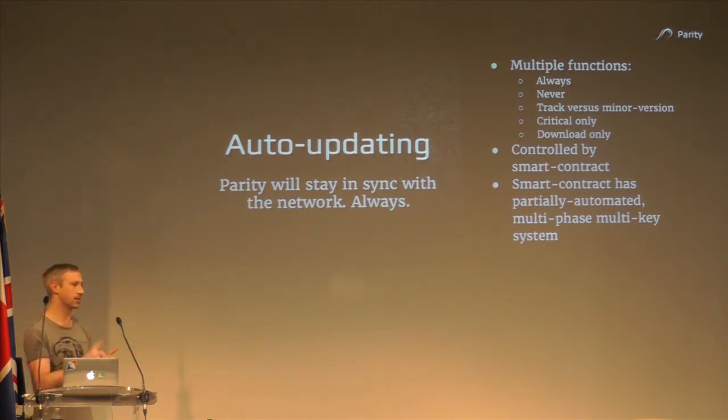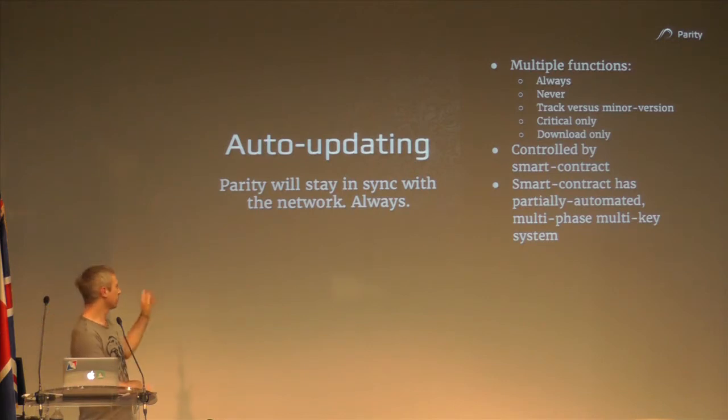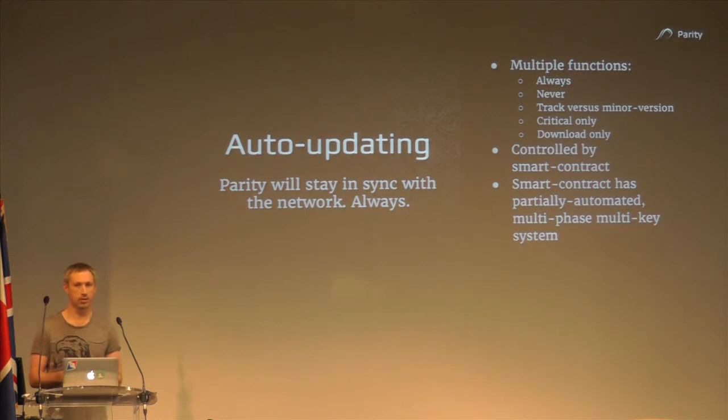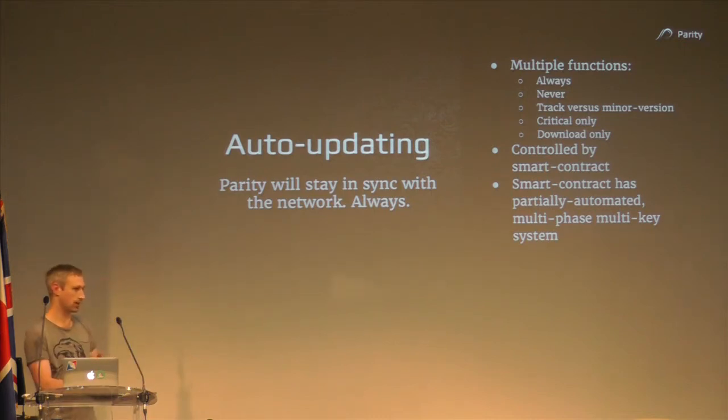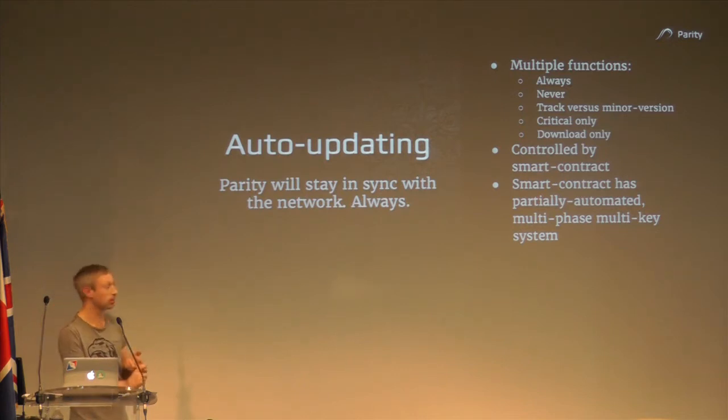We can also do consensus updates. So through the backing smart contract, we can determine whether a particular update or whether a particular version can stay up to date for a given fork of the network. This will come into play heavily if we come across a new issue with a network, or want to make a new fork, for example, the Metropolis.